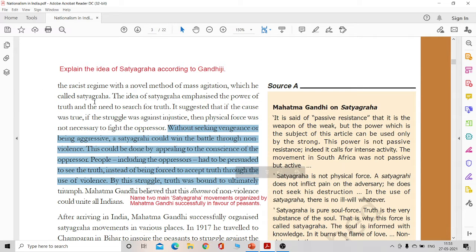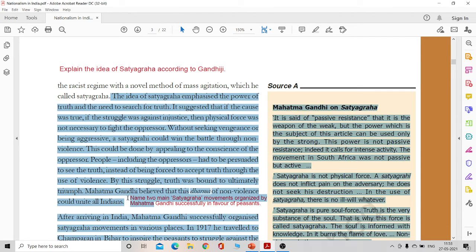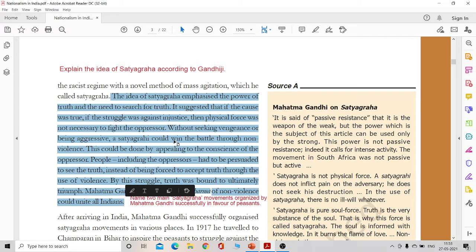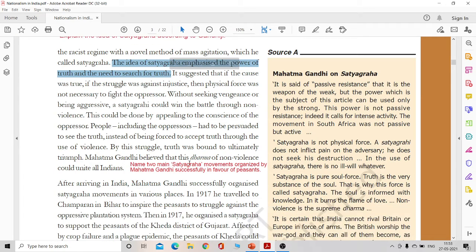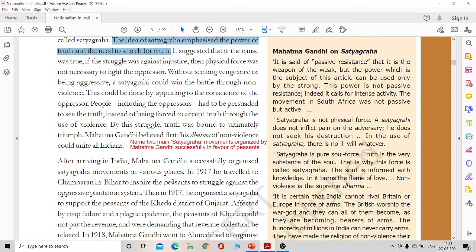So this paragraph, you have to understand carefully and write the answer. Explain the idea of Satyagraha according to Gandhiji. If it again comes as a one marker, you can simply give this part as the answer, right? Moving on, name two main Satyagraha movements organized by Mahatma Gandhi successfully in favor of peasants.